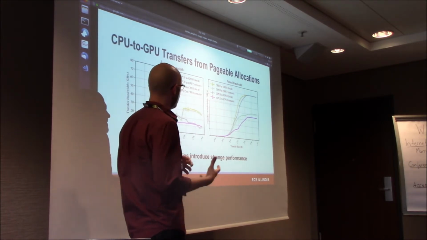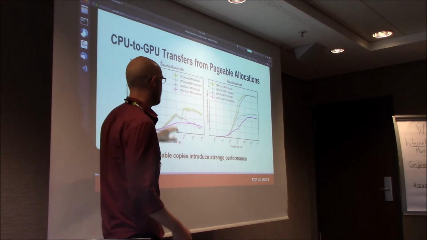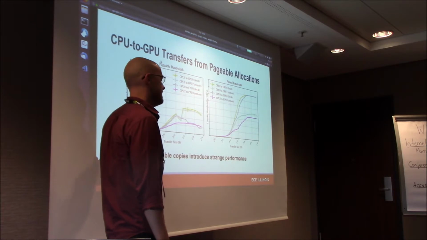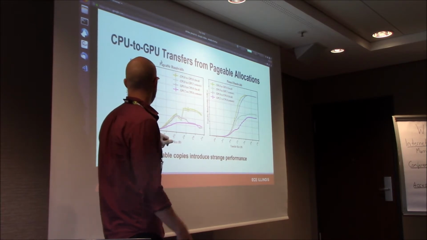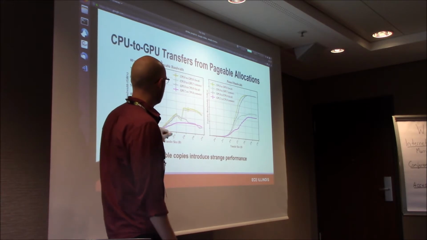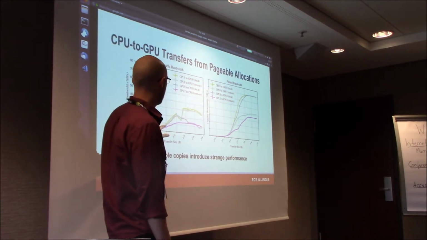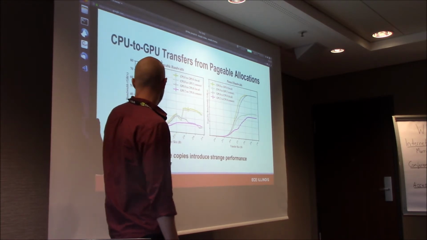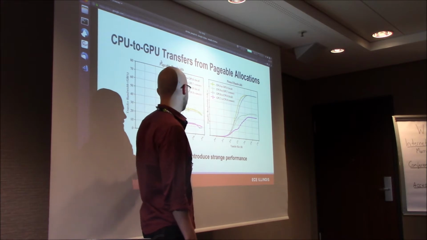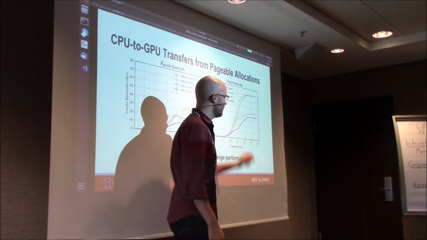And conceptually, from a hardware perspective, there's not really a good justification for this much performance degradation because the CPU DRAM bandwidth is around 100 gigabytes per second. So really, the performance shouldn't drop down quite this badly. In particular, some of these copies from the GPU back to the CPU are really quite bad in the pageable one versus the pinned one.